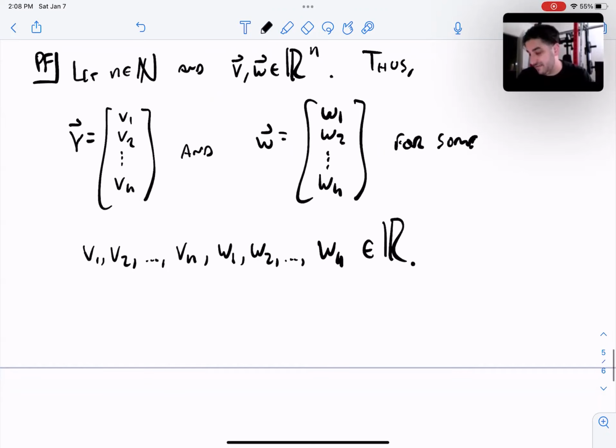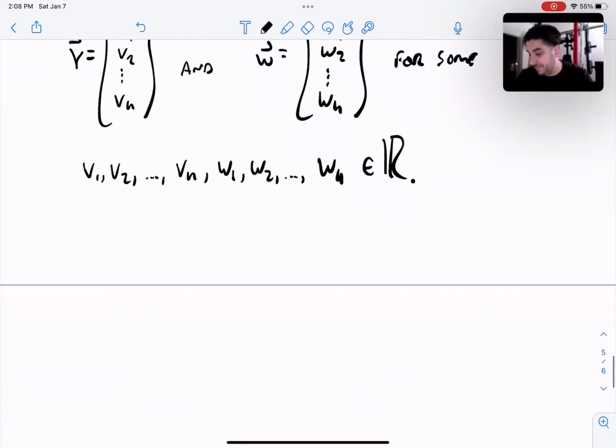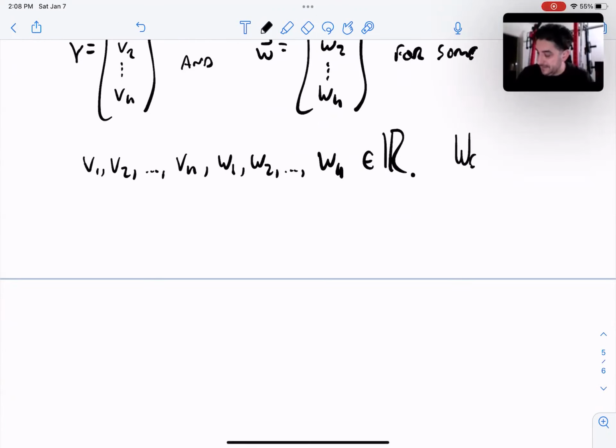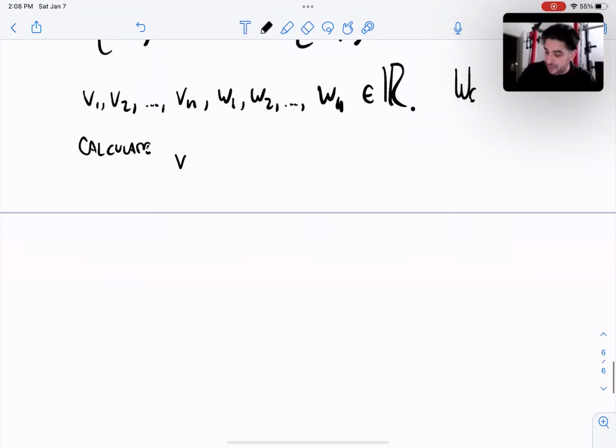I'm going to prove that these two dot products are equal, right? So let's now calculate the dot products. I'm going to calculate v dot w, and I'm going to do it in what's called transitive chain notation, right?